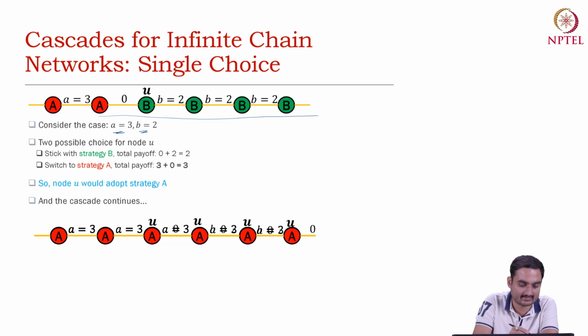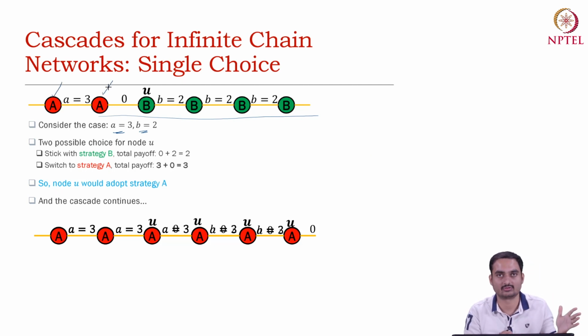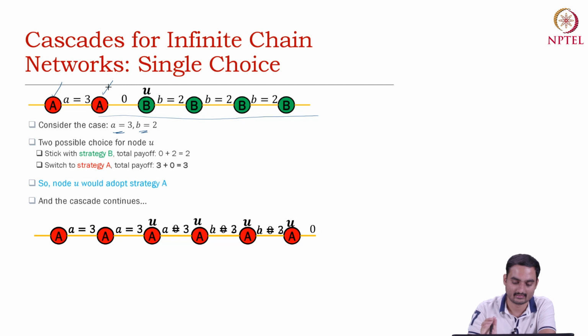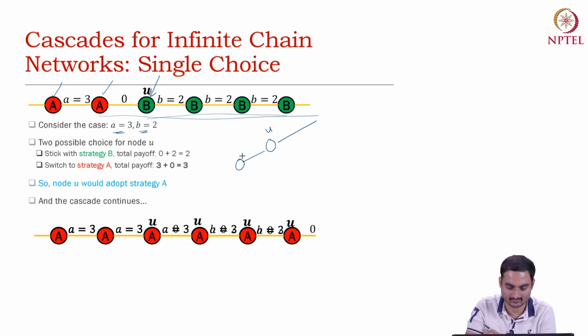Okay. And let's say the leftmost two nodes have already adopted A, kind of hard behavior. They have already adopted A, and the remaining nodes can decide what to adopt. So let's look at this node U. U has two neighbors.